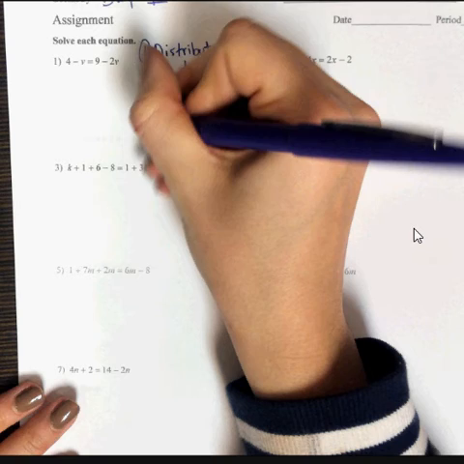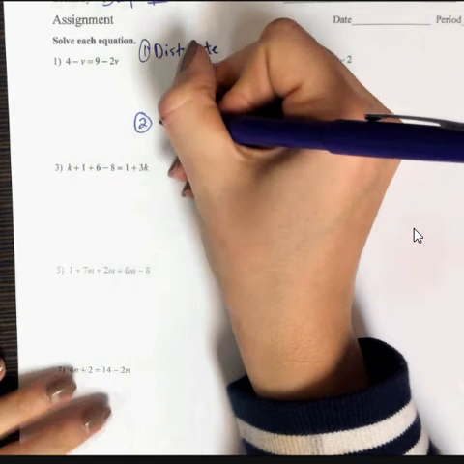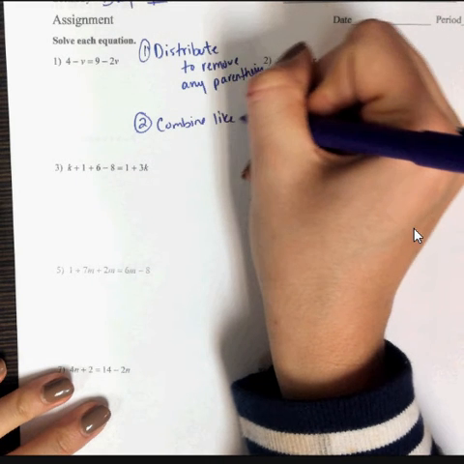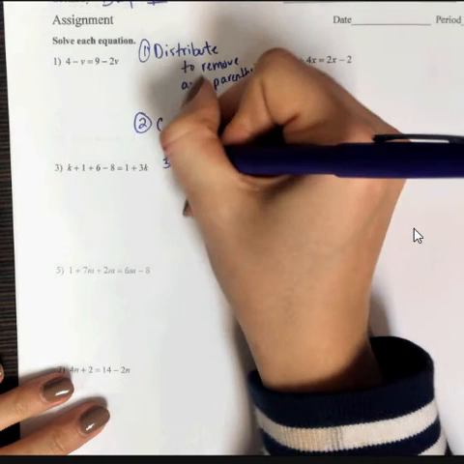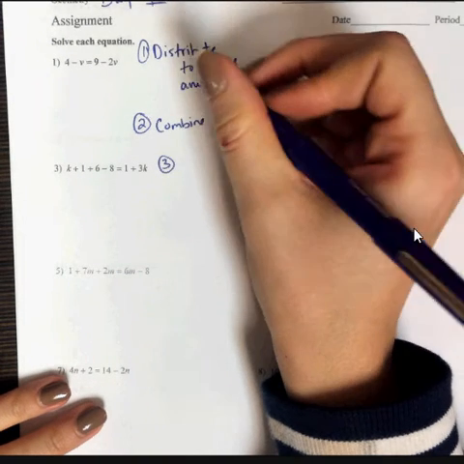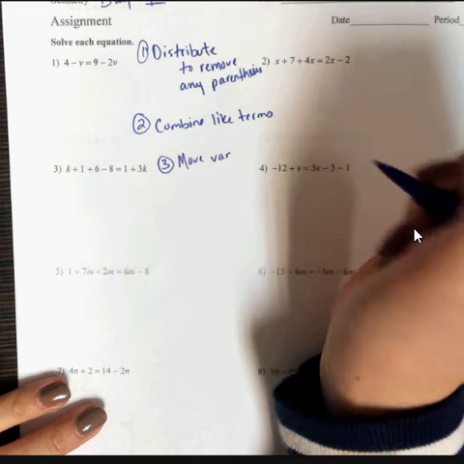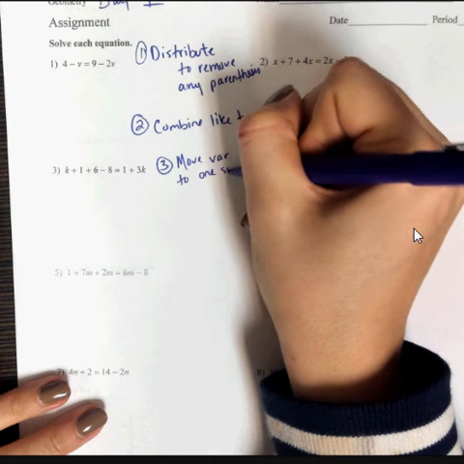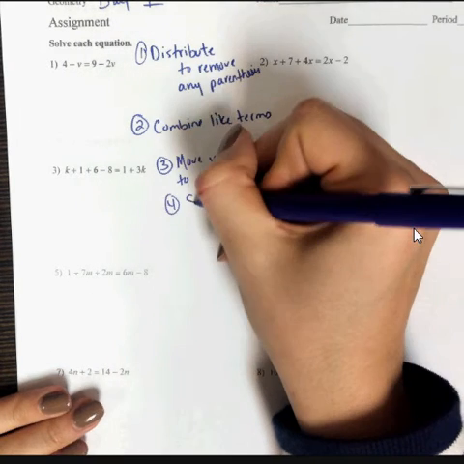Step 2, combine like terms. Step 3, move variable. I'm just going to put there to one side. And then step 4, solve.